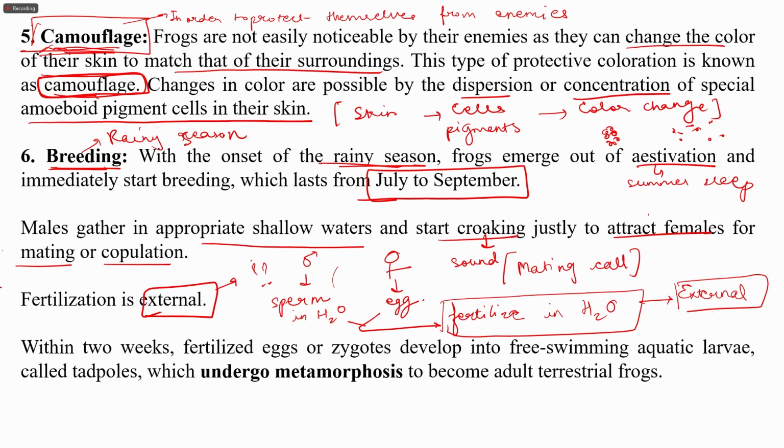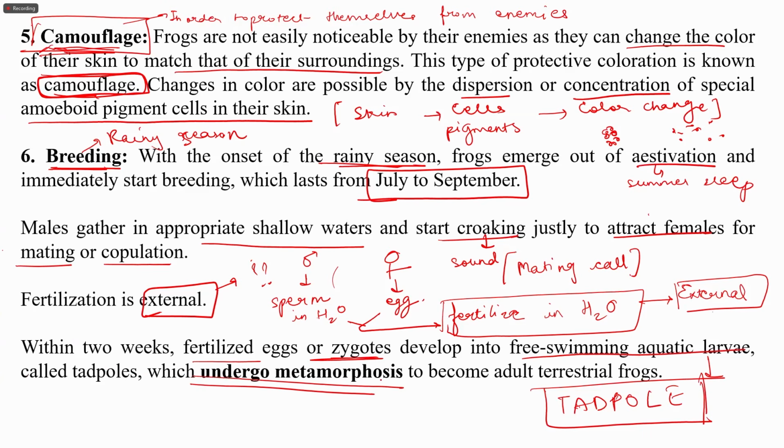Within 2 weeks, fertilized eggs or zygotes develop into free-swimming aquatic larvae. We know the specific name of the larva of frog is tadpole.